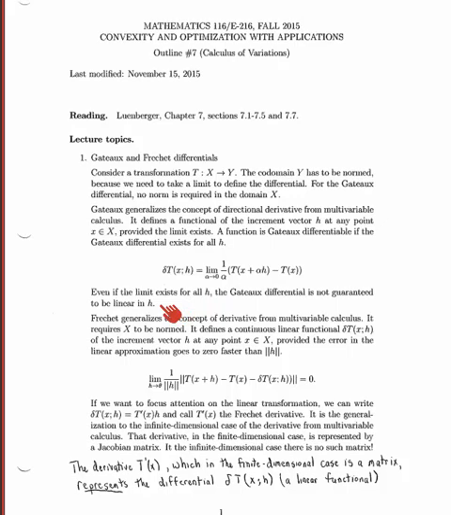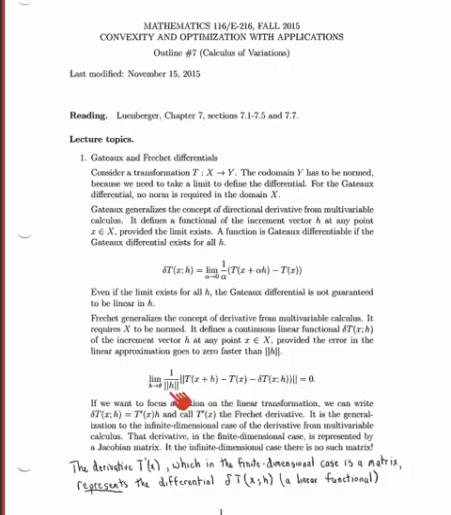If it is a linear function, then we have a Frechet differential, and the idea of the Frechet differential is a generalization of the definition of the derivative in Rn. You take T of x plus h and subtract off T of x, and then you approximate that function by the linear function delta T evaluated at point x on increment h.